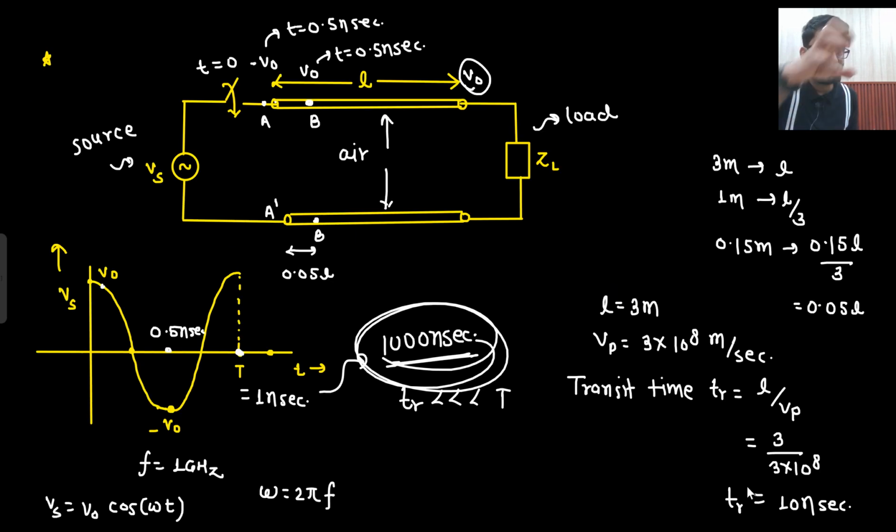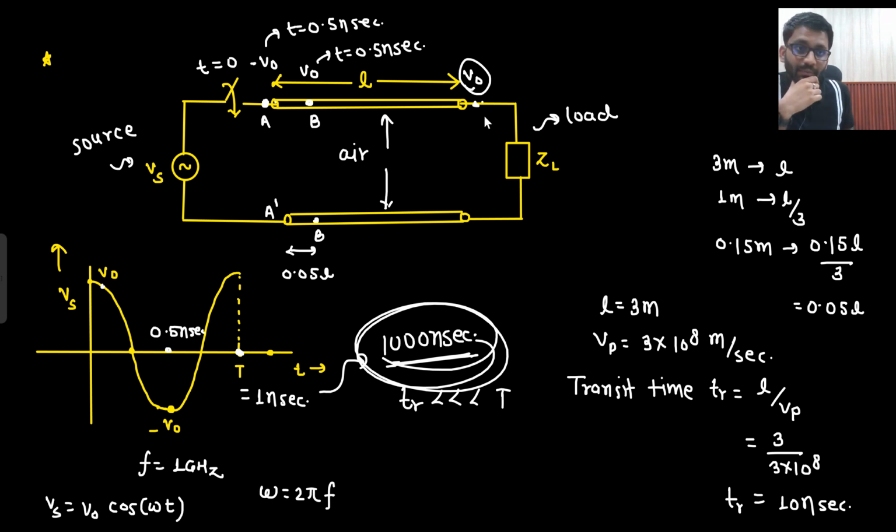So if this transit time is very low compared to this time period, you would feel that V naught has reached very quickly. Here also there would be some change, but the change will be very minute. Approximately the potential here and here will both be approximately equal to V naught. So on the complete line, the potential will be approximately V naught. So there will be no potential difference, there will be no current flow.